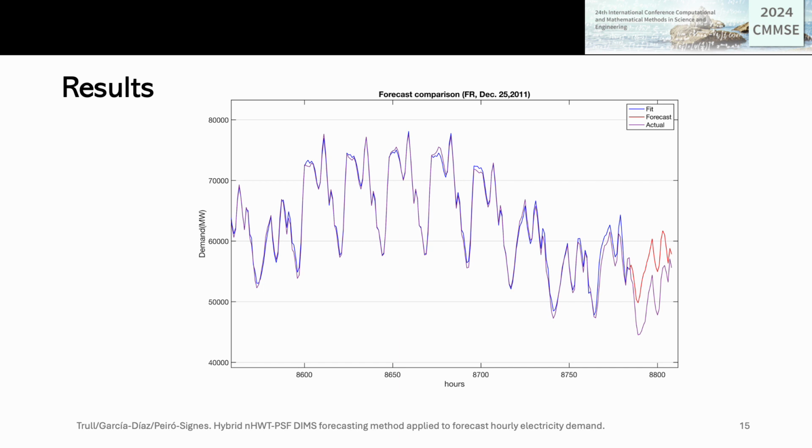You may see this model follows more or less the pattern, but the difference against the real values was not so big, and so we can say there was an accurate forecast. It is clear it could be improved, but we are on this way.